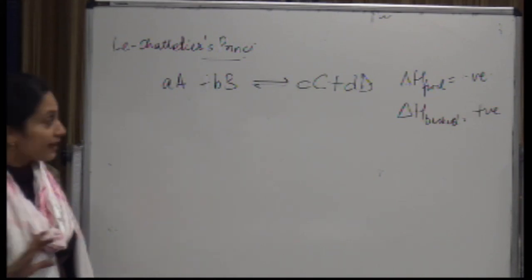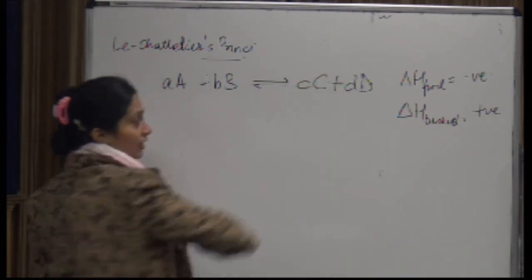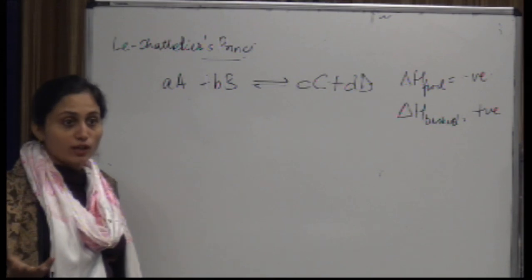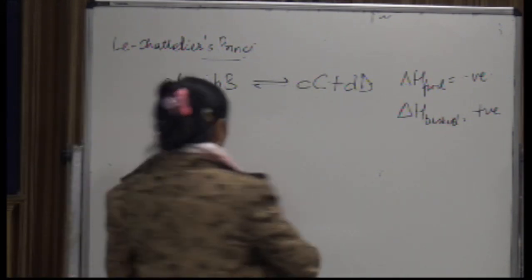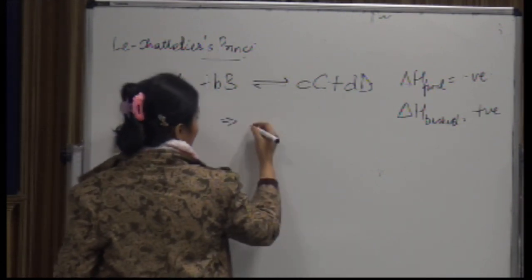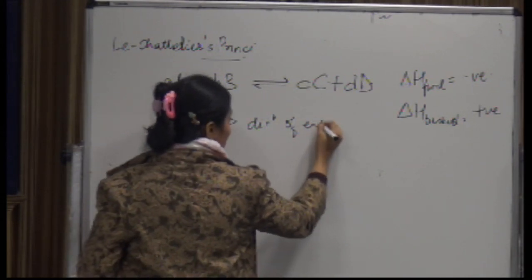Okay? And now if I decrease the temperature, the reaction will move in the forward direction. Why? Because it is exothermic, as the data will be provided to you. Remember that on increasing temperature, the reaction will move in the direction of endothermic reaction.